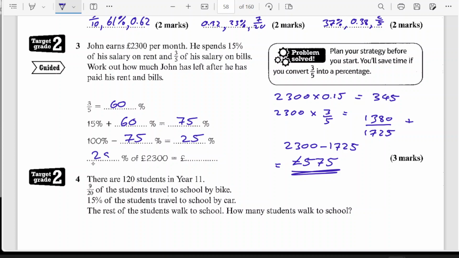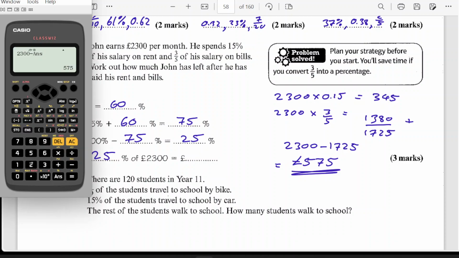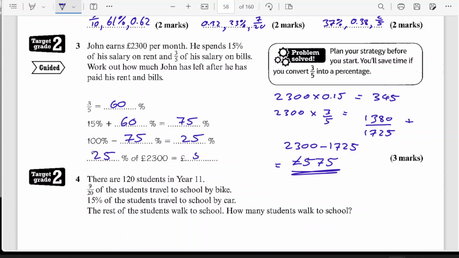So 25% of this is going to be the same, and I'm hoping we get the same answer. 25% will actually show the percentage button if anyone's particularly keen. Times by 2,300 gives us 575. So we've done it two ways and got the same answer. Definitely got that right.